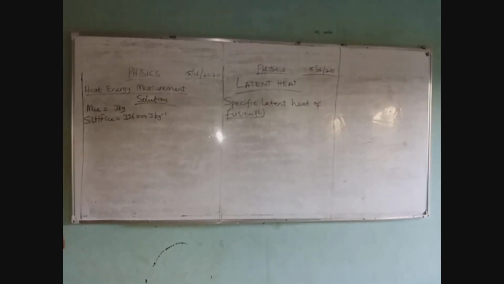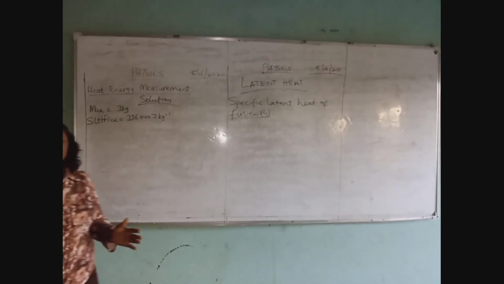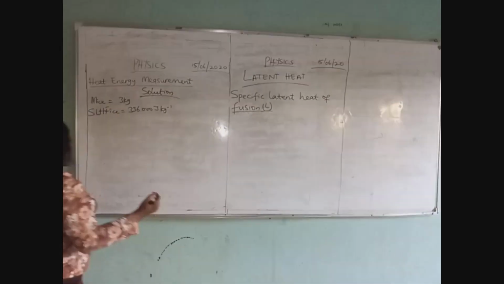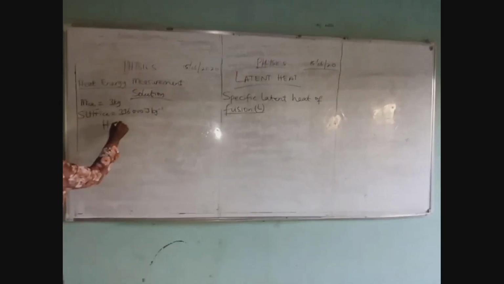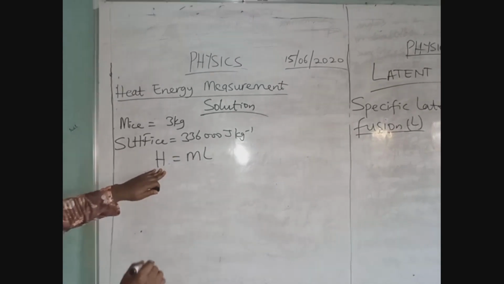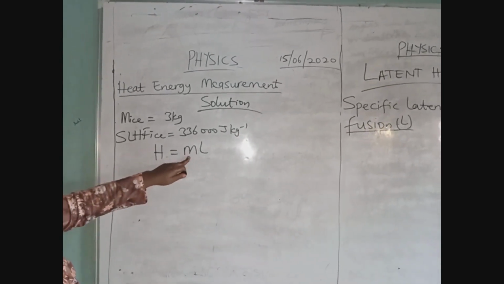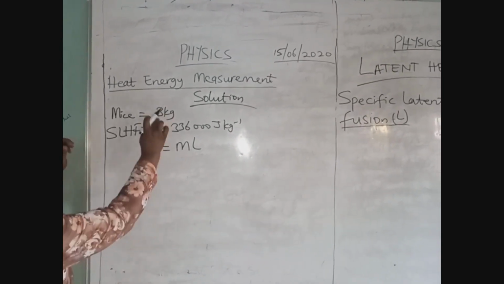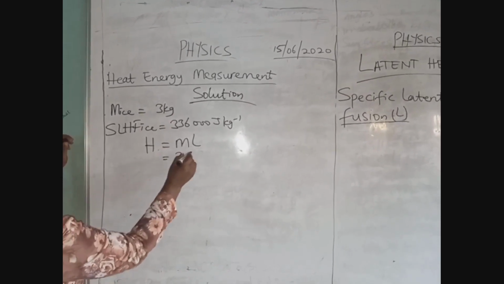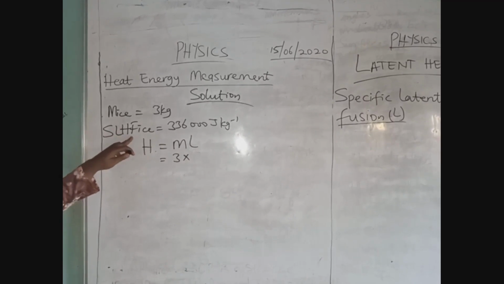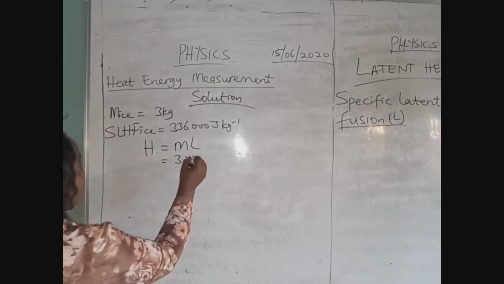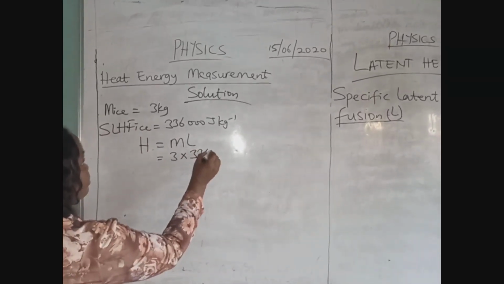Is that okay? Now, how do we find the quantity of heat required in melting the ice? We apply the formula H = mL, where H is the quantity of heat required, m is the mass of the ice, which is 3, and L is the specific latent heat of fusion of ice, which is given in the question also.